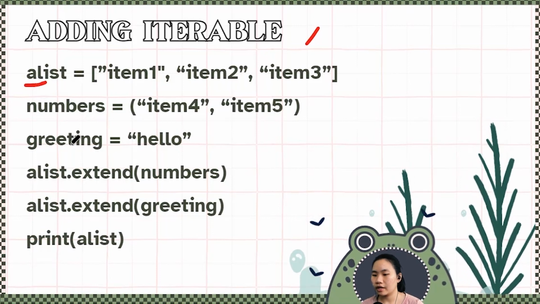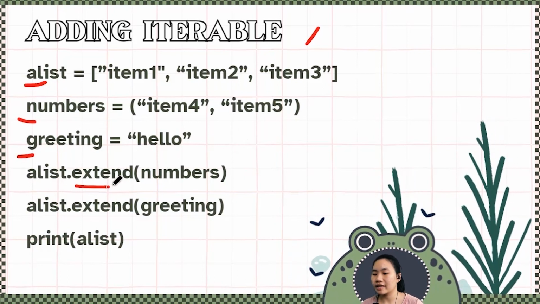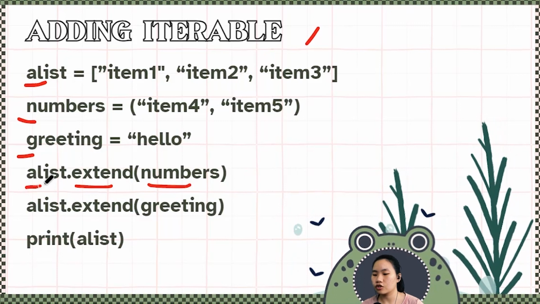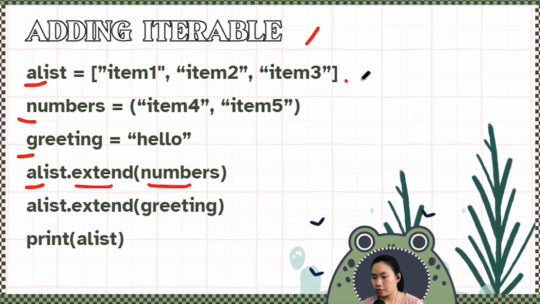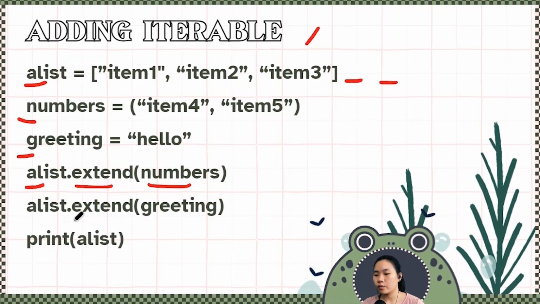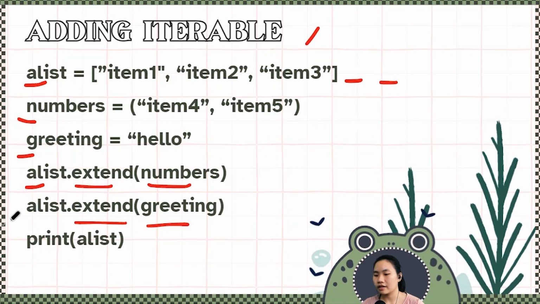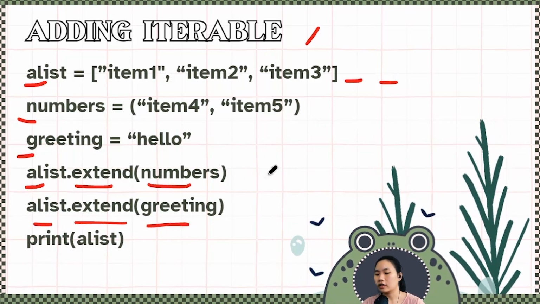We have our a list, our numbers list, and then we have a string greeting. Now, if we extend numbers into a list, what do you think will happen? It would be item 4 and item 5. Now, if we extend greeting to a list, what do you think would happen? Well, let's figure it out.